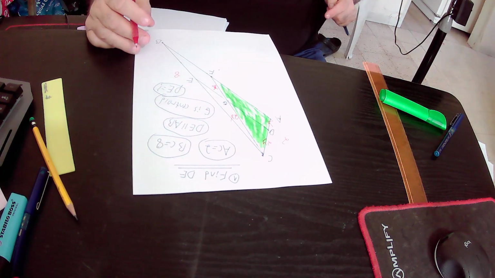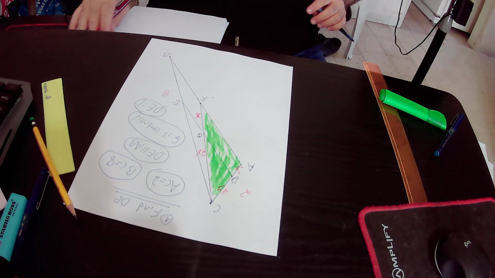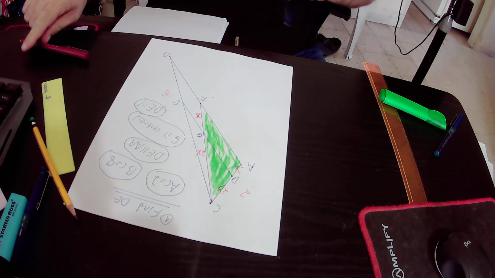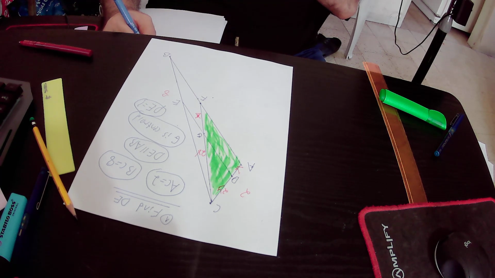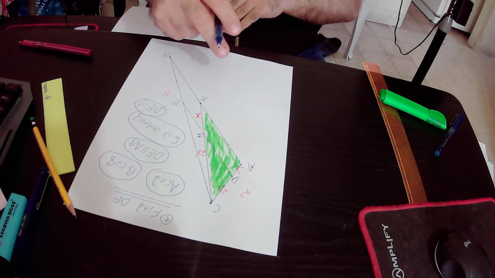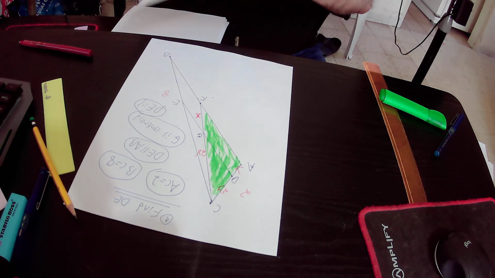So actually we have another rule. I will call it rule number 3. According to rule number 3, corresponding angles between parallel lines are equal to each other.